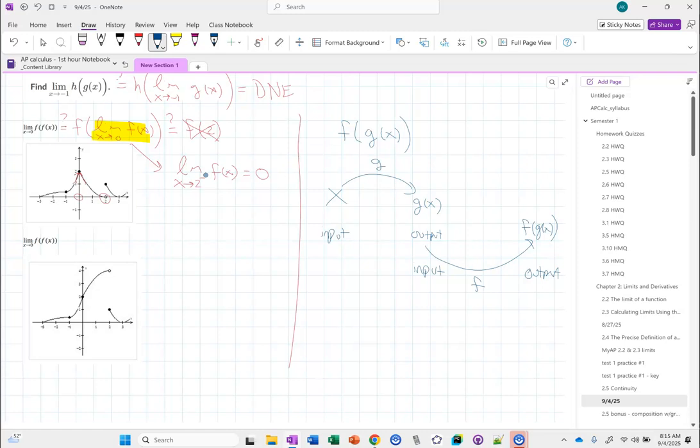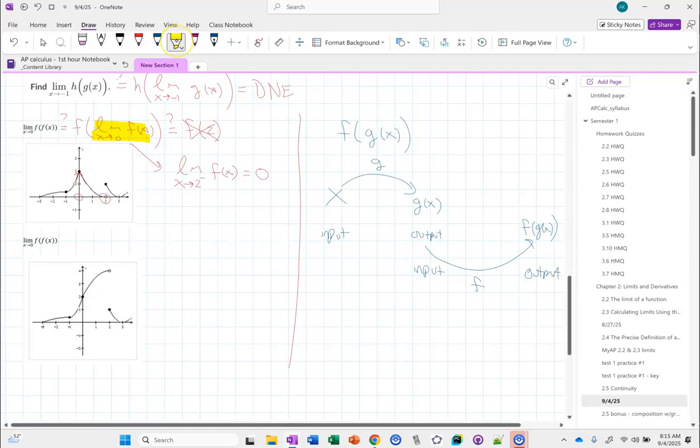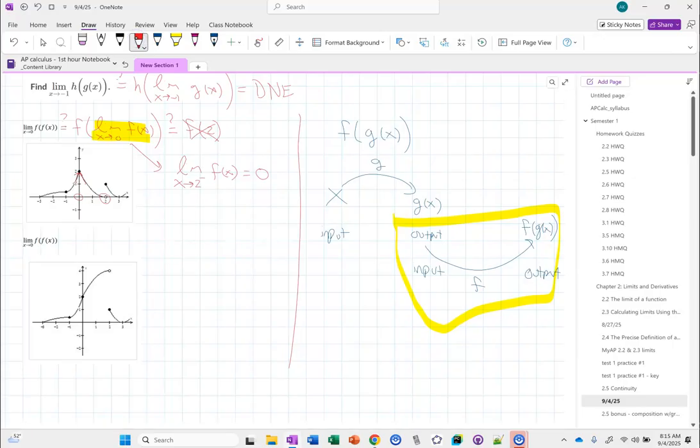So this piece essentially in our limit discussion becomes like the limit as x goes to g of x of f of x.